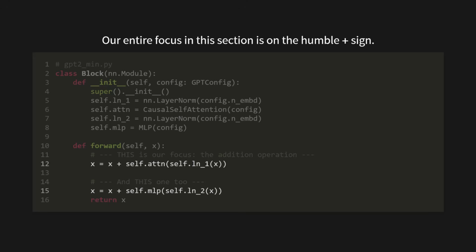This is our focus, the addition operation. x = x + self.attn(self.ln1(x)). And look, it happens again right after. x = x + self.mlp(self.ln2(x)).